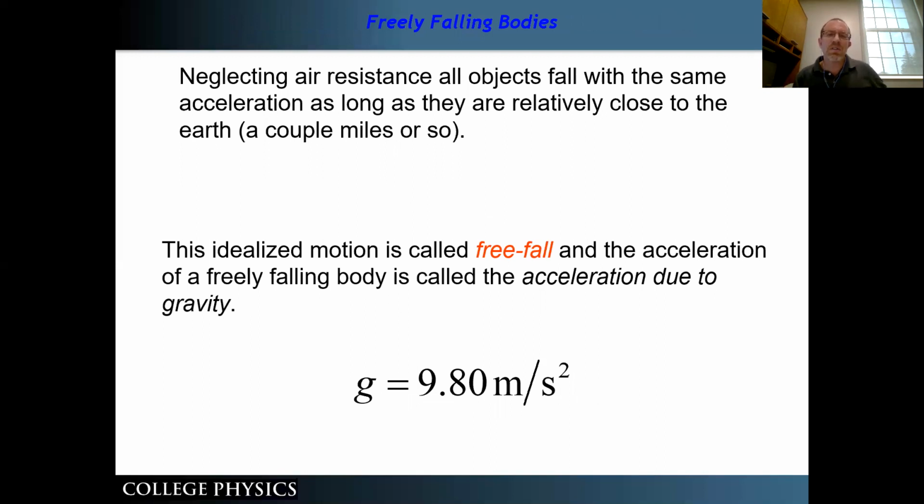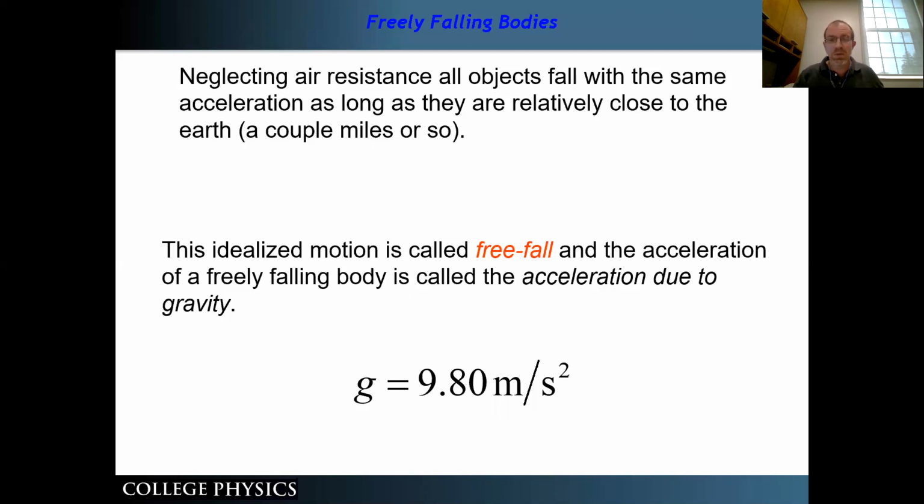Then that object is said to be in free fall. So this neglects the idea of air resistance, which is fine for most things that we're going to deal with. So neglecting air resistance, if the only thing that's acting on an object is gravity, it's said to be in free fall.